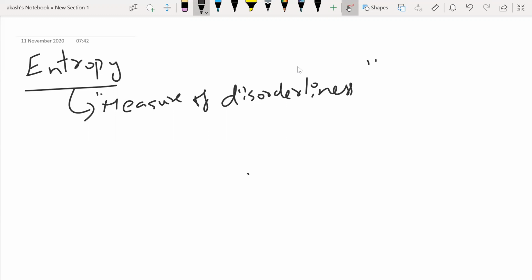Entropy is a measure of disorderliness, or I would say it's a measure of chaos. How disoriented, how random the system is. That's what is called the entropy of a system.